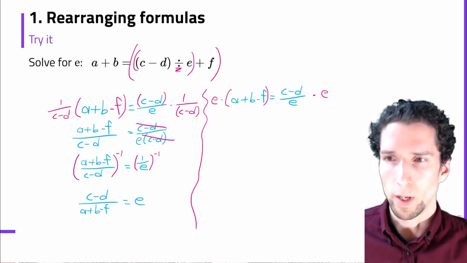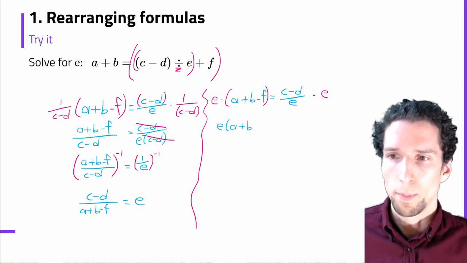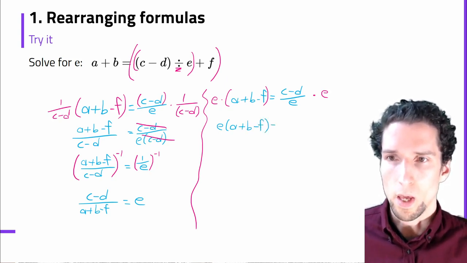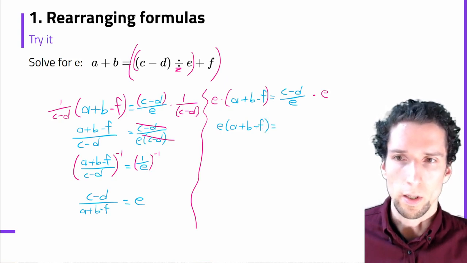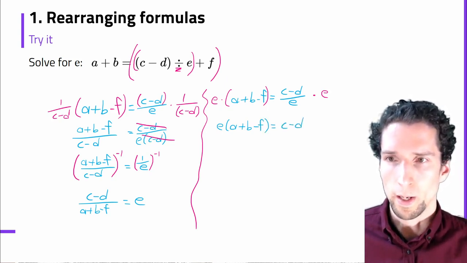So that would give us e times a plus b minus f. And then on the right side here, we would just have c minus d.